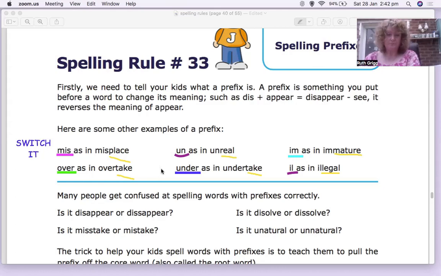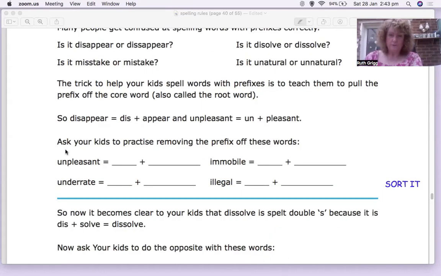So let's go down a little bit. So here we've got unpleasant. So pleasant means something that is good. Oops, I've gone cross through it, I mean. Un is the prefix. Pleasant is the root word that you'd put there.